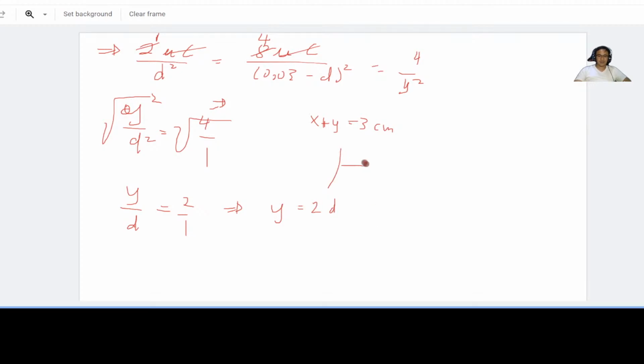So we now put this here. Y is 2D, and this should be D, right? So what do we get here now? D plus 2D equals 3 cm. So from here, D is 1 cm.